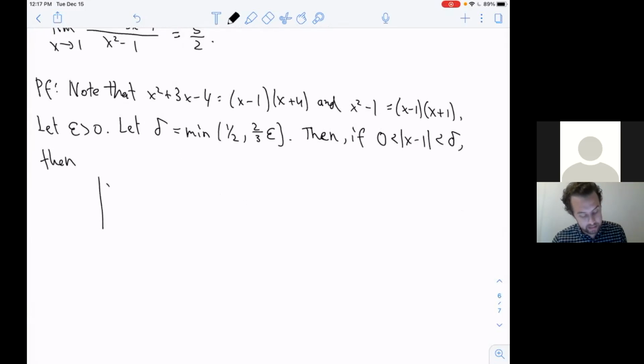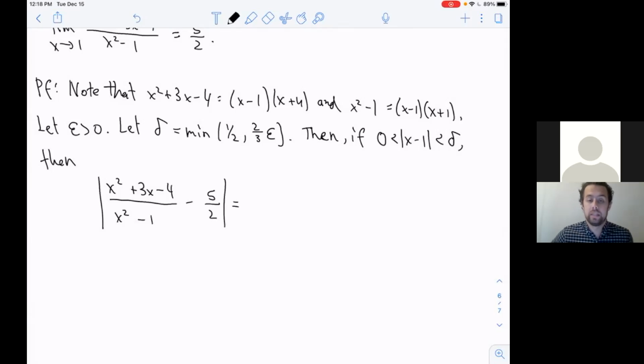what do we get? So we take this function, x squared plus 3x minus 4 over x squared minus 1, minus 5 halves, equals, okay, so because x minus 1 isn't 0, x isn't equal to 1, so we're allowed to divide both top and bottom of this fraction by x minus 1. Let's do that. So we get x plus 4 over x plus 1 by the previous calculation, minus 5 over 2.